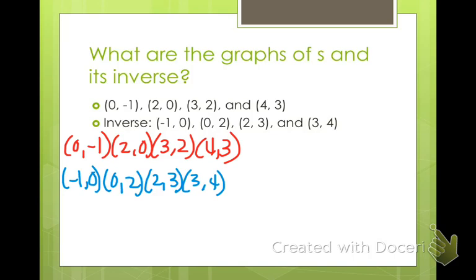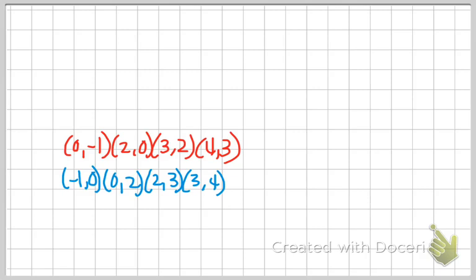Okay, let me pull up a grid to give me a guide to go off of.